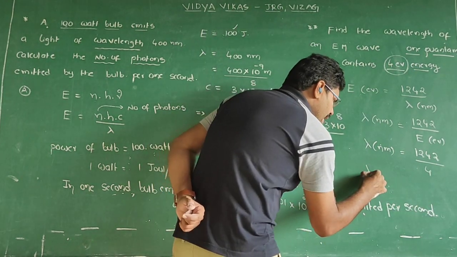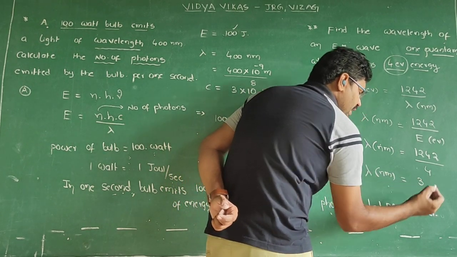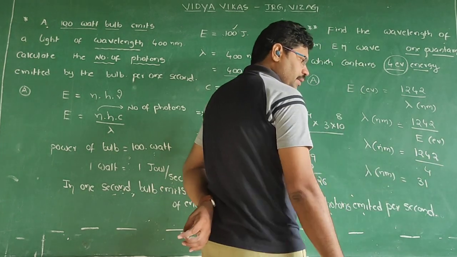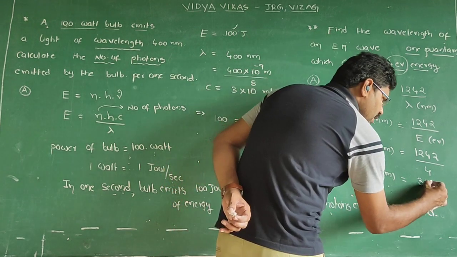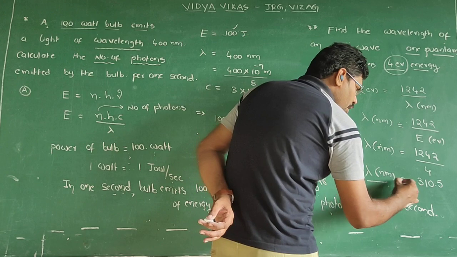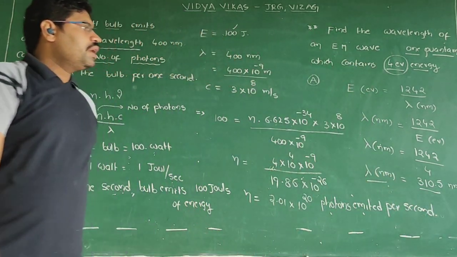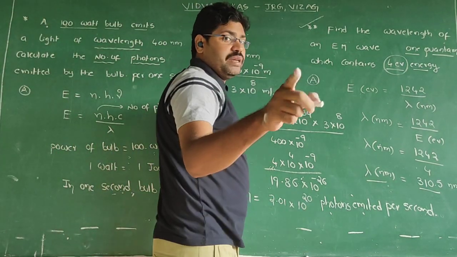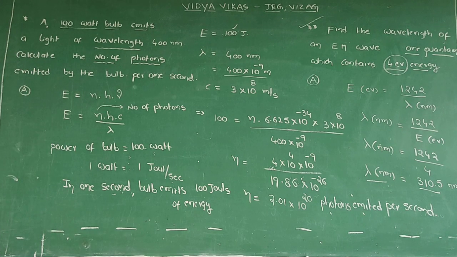And that's why, dear students, what is lambda in nanometers, it is 310.5 nanometers. Dear students, this is a very important point for the examination. Most important one.